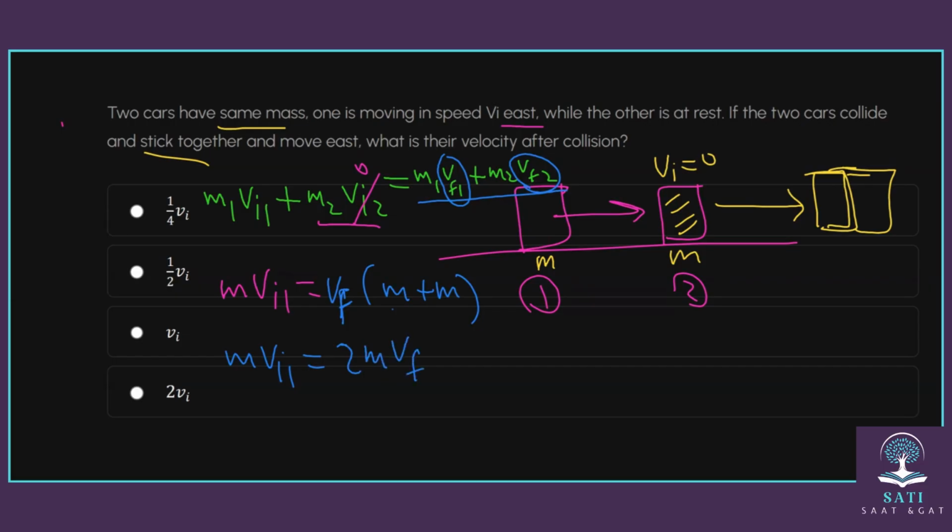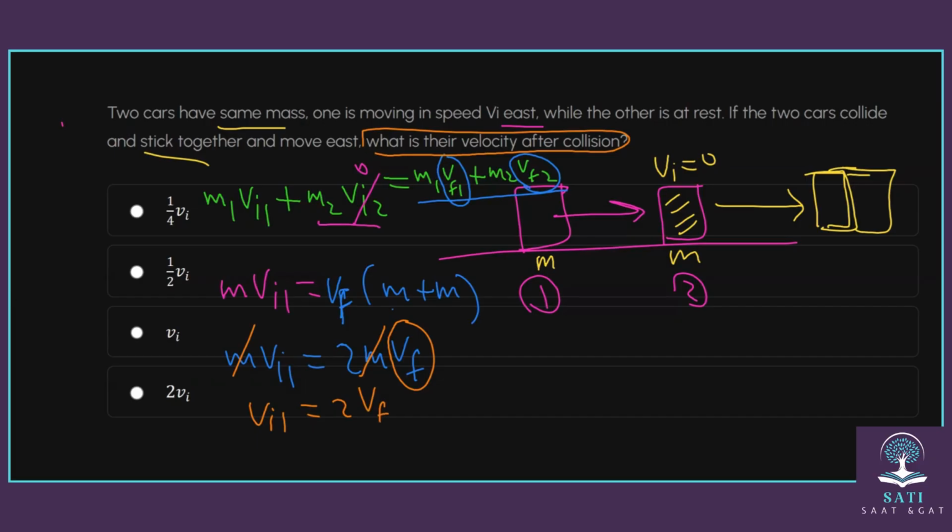Now we can divide both sides by m, so the m cancels. What is the question asking? It asks for their velocity after the collision, so they are asking about vf. What is left is vi1 equals 2 vf.